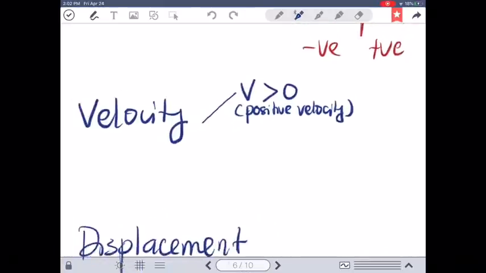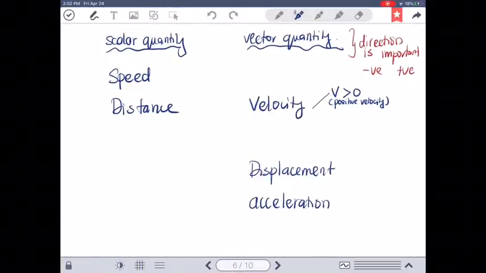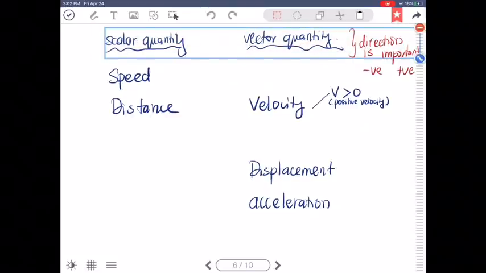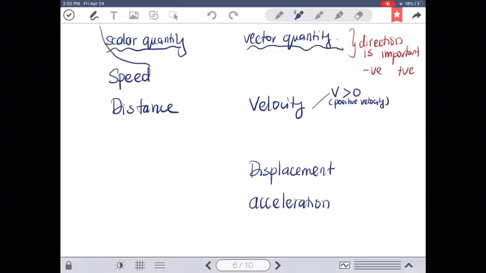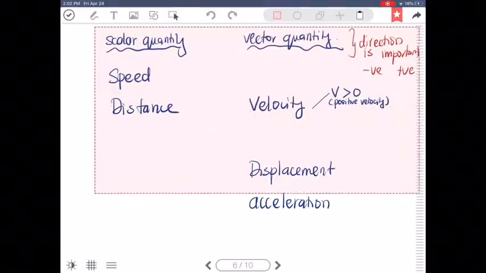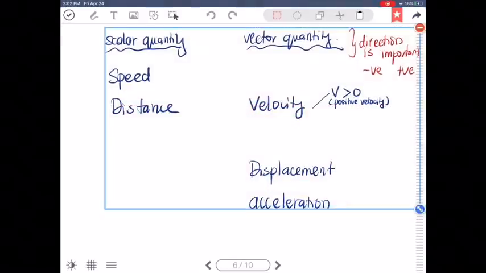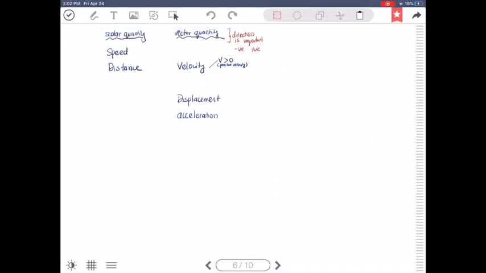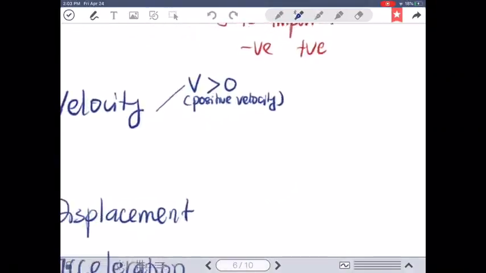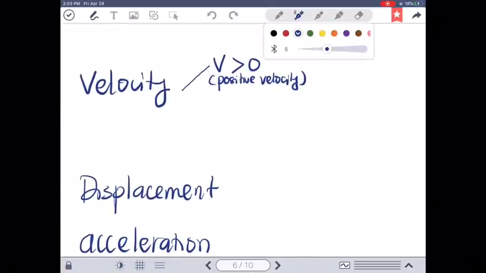Let me resize this first. Okay, if we have positive velocity, what does it mean?